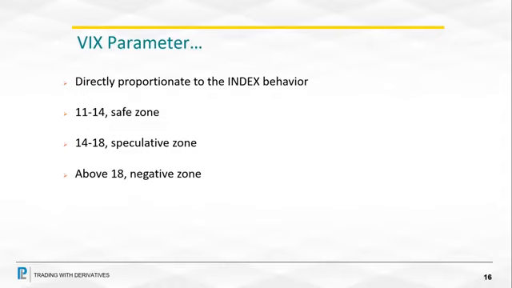Between 14 to 18, if the VIX rises, it becomes the speculative zone, which means something is happening, some speculation is going on, or maybe some event is coming up, which is why the VIX is rising. So we are not sure whether the market is going to react or not. That is where we end up in the speculative zone. Above 18, it is a completely negative zone.